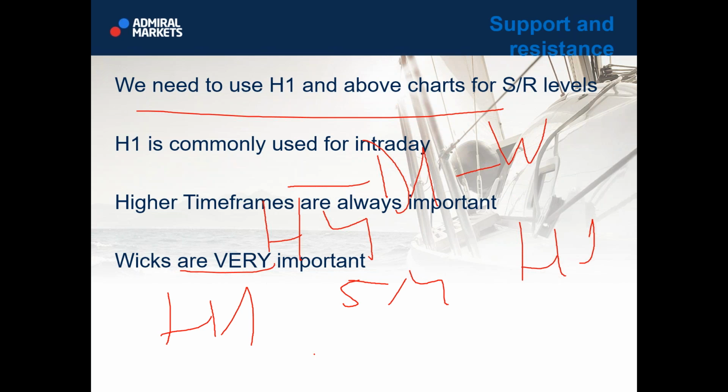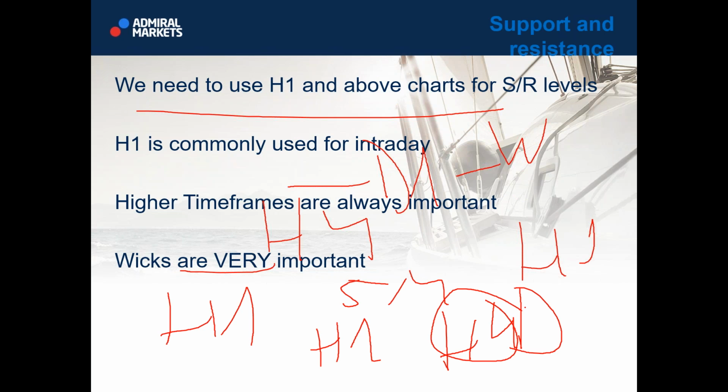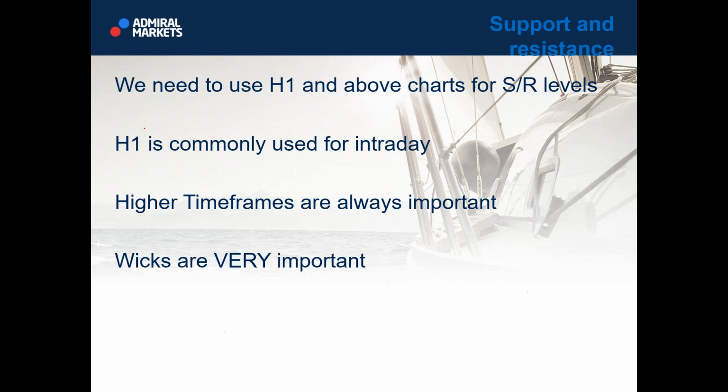Yes, if you trade 1 hour, you watch for 4-hour supports and daily also. But 4 hour has the advantage because interim support and resistance will be 4 hour. Also, you should watch for daily if you trade 1 hour, but 4 hour is always great, always.